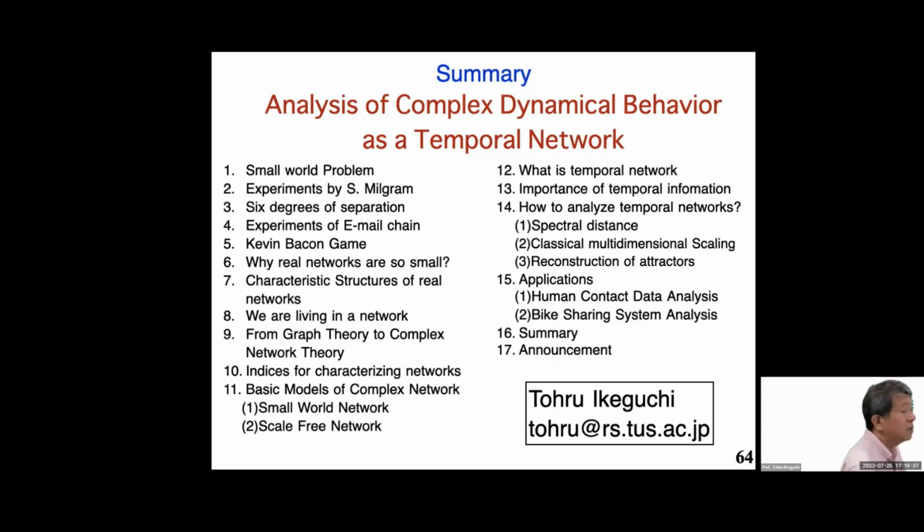On the analysis methods, we introduced the so-called spectral distance between 2 networks, analysis by classical multidimensional scaling, and the reconstruction of attractors to reveal the dynamic behavior of temporal networks in real-world data: human contact data and the bike sharing data.